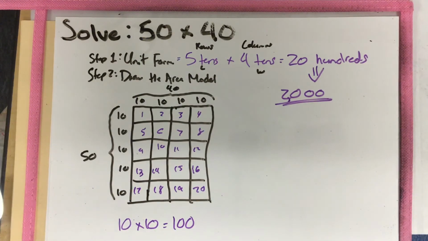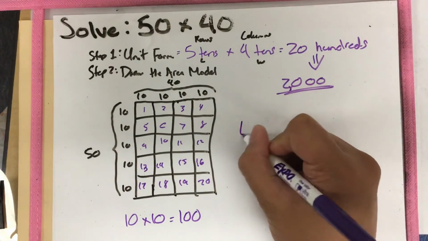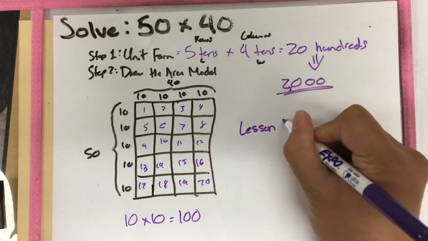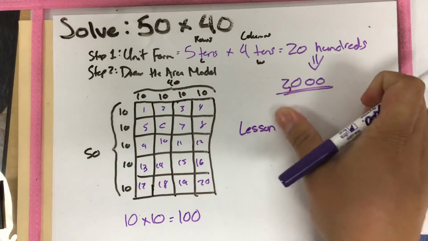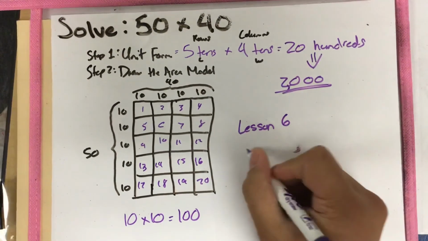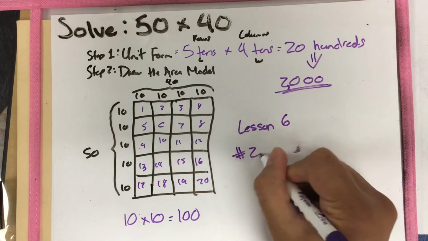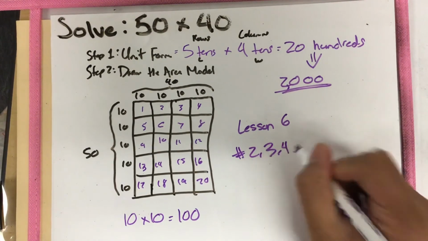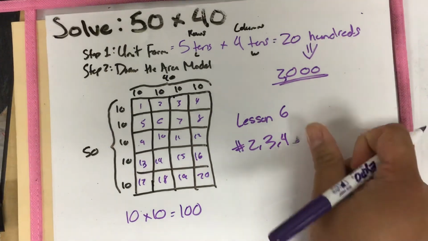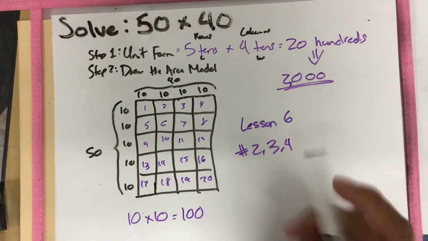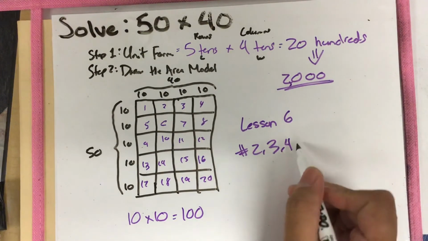Okay, and this video looks at your lesson 6, and this is for numbers 2, 3, and 4. Your job is going to be to work on 2 of these.